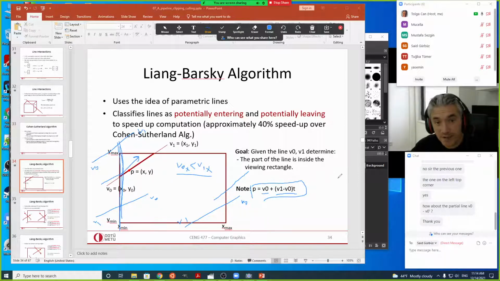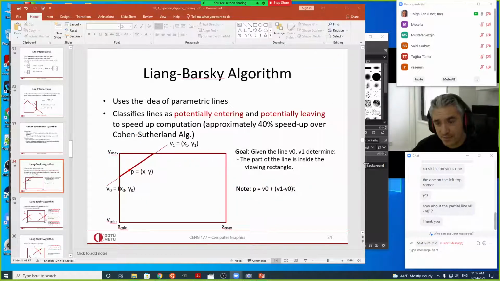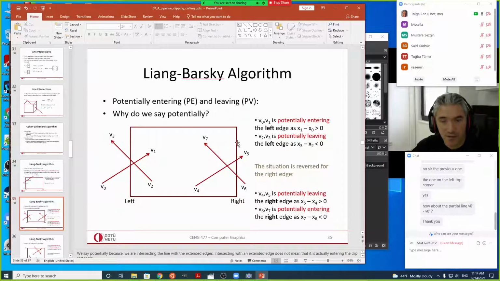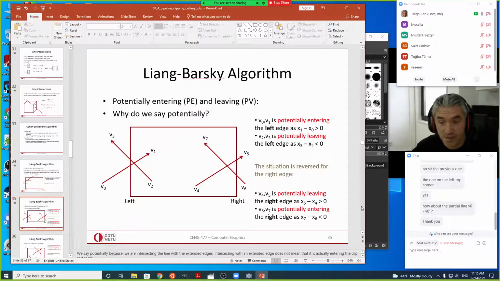After that, how do we use this potentially entering and leaving? Again, we are going to use trivial reject and accept cases by looking at these. It has approximately 40% speed up over the Cohen-Sutherland algorithm.